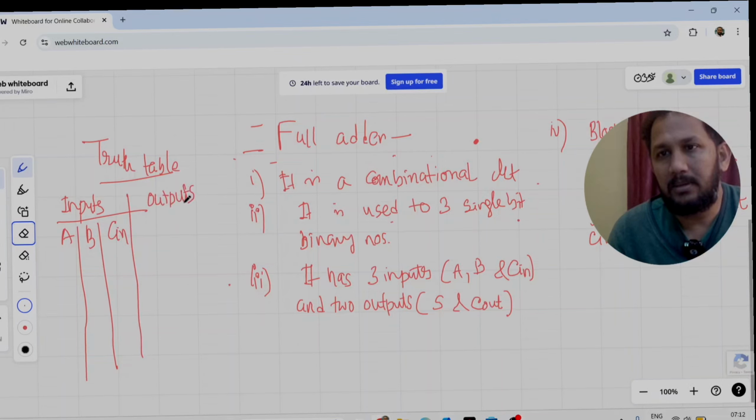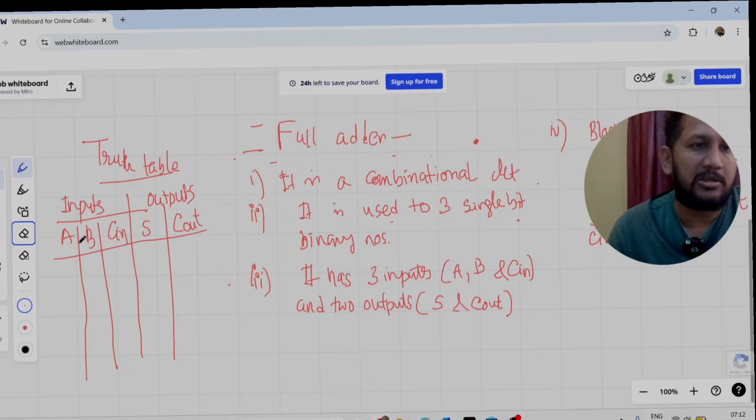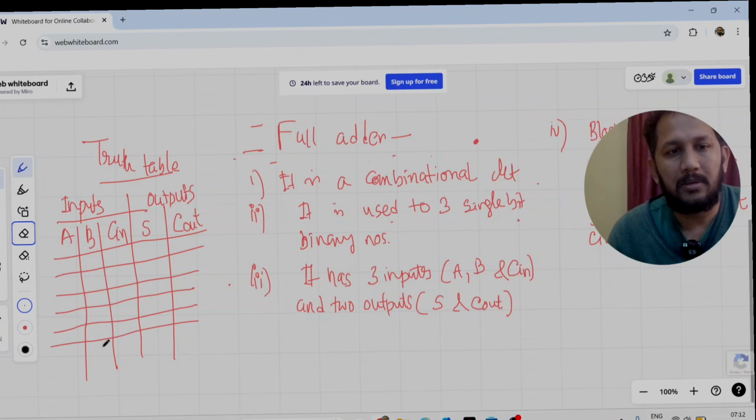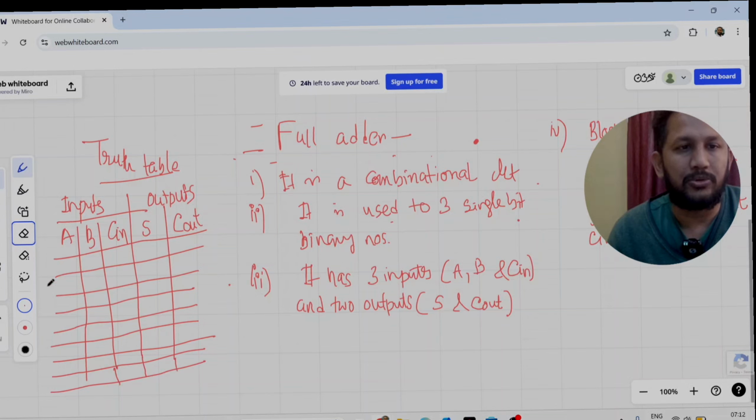One is S, another is carry out, C out. There are three input variables, hence there will be 8 combinations of inputs. We need to write 8 rows.